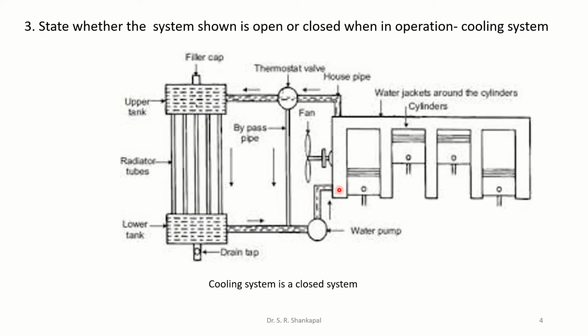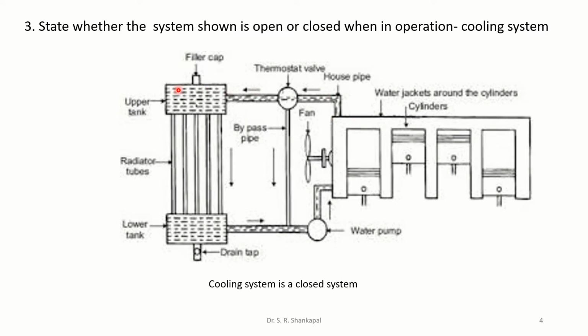The coolant enters over here, passes through the jacket, gets heated up. Again the hot fluid will come here, gets into the top header. As it passes through this, it cools, comes to the bottom header. Again it is pumped. Again it passes like this.